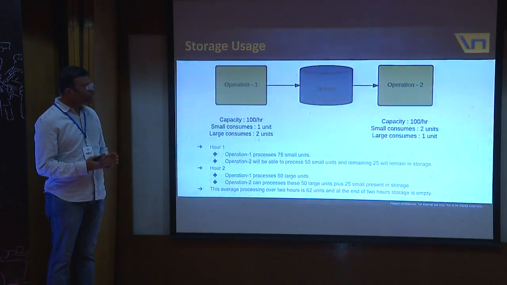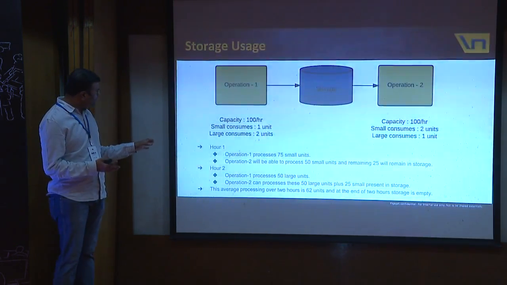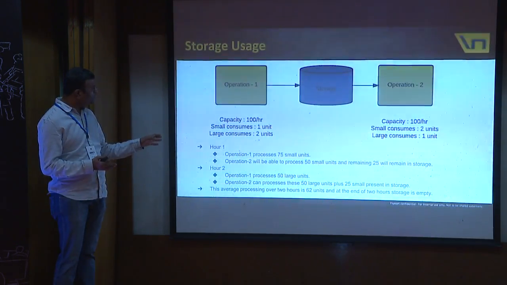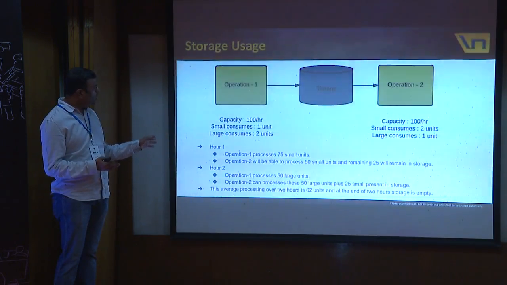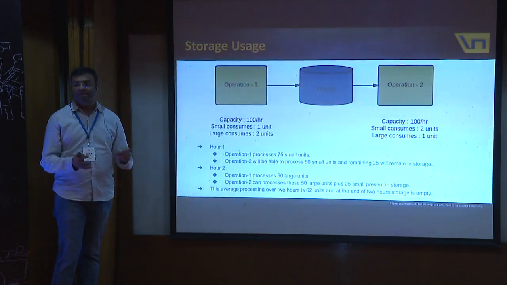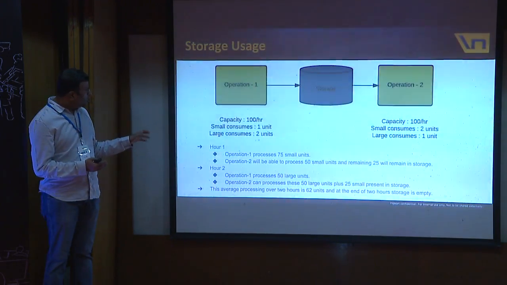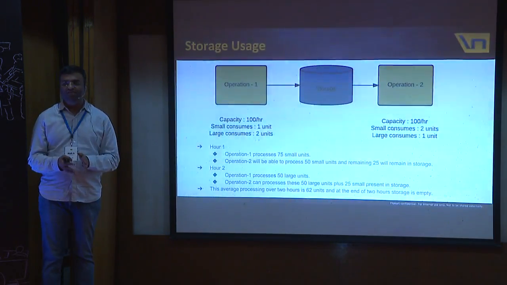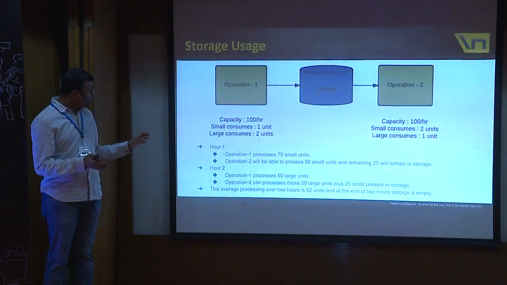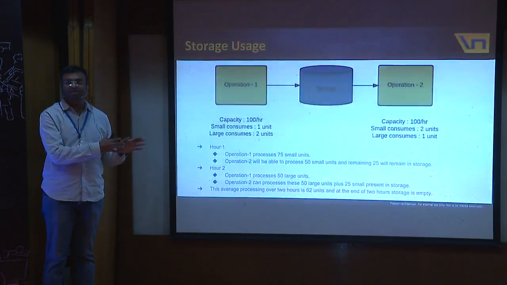Now, how can we use storage and get a better throughput? So let's take one example wherein in R1, operation 1 processes 75 small units, and operation 2, in this case, can only process 50 small units, but the remaining 25 units can remain in storage. In R2, operation 1 can now process 50 large units, and operation 2 can process 50 of these large units plus 25 which were in storage.